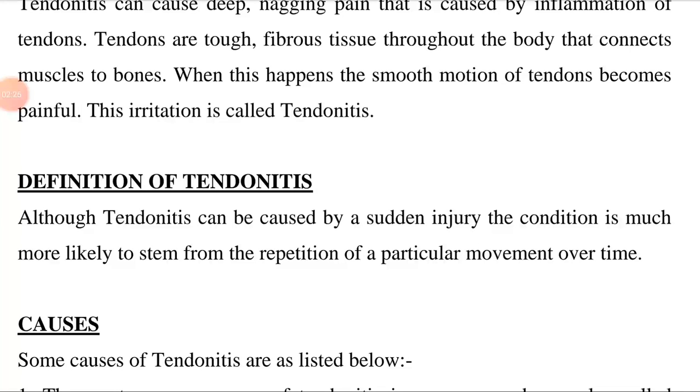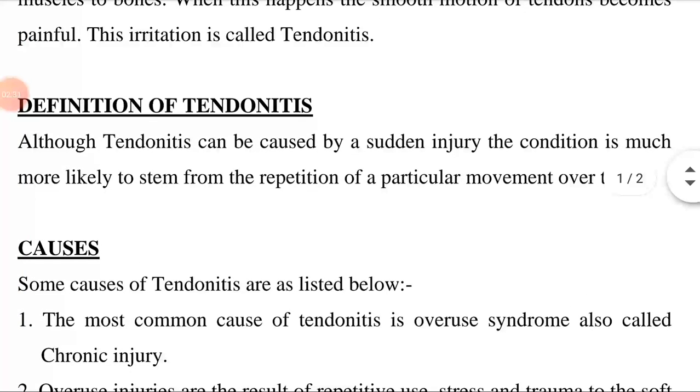When this happens, the smooth motion of the tendons becomes painful. This irritation is called tendinitis, the state of feeling annoyed or discomfort in a body part.